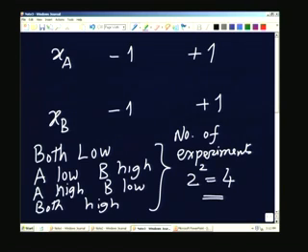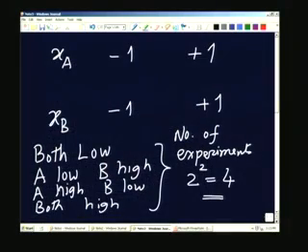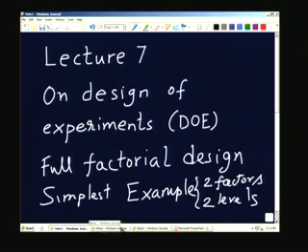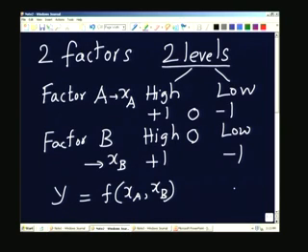So we are now able to understand what is going on. We are conducting an experiment, and if I go back to the previous page, I have two factors, two levels. I am taking the two levels as the highest and the lowest value, or high and low value, in the experiment.